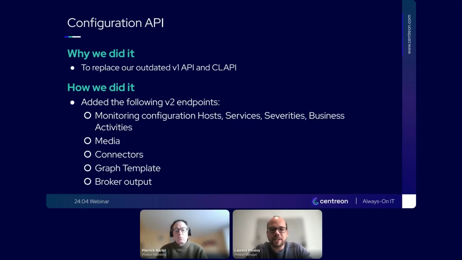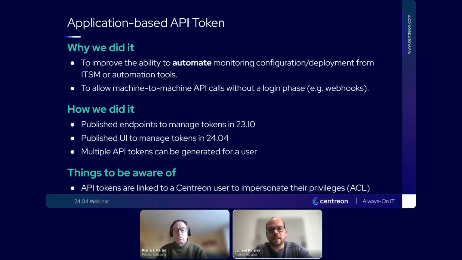And to use these APIs more easily, we added the possibility to configure application-based API tokens from the user interface. The goal is to help you to automate configuration from ITSM tools, automation tools, or CMDB. So you create a token based on duration. So custom duration can be 1 week, 1 month, 1 year.